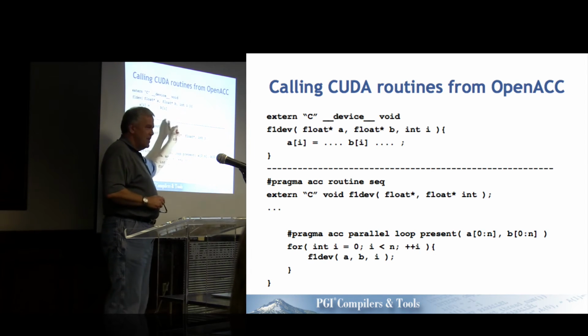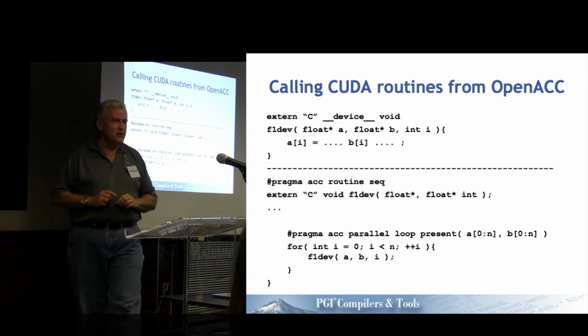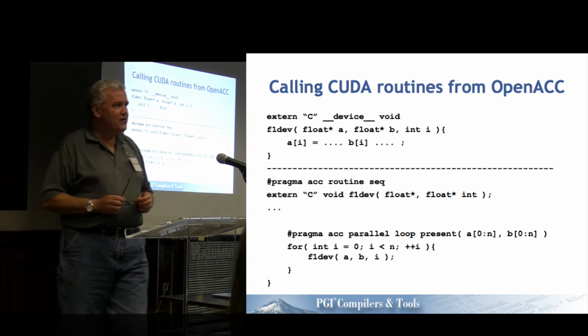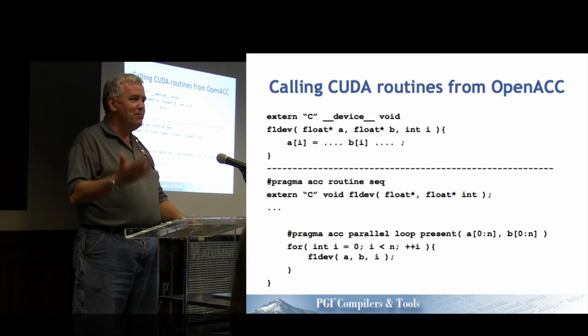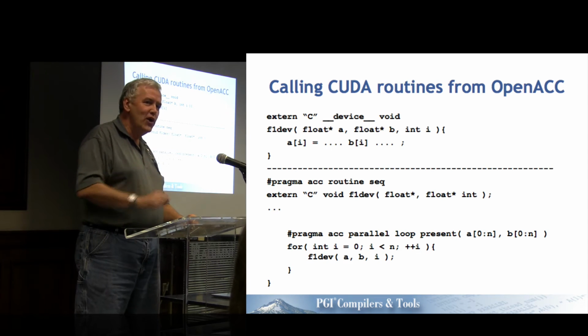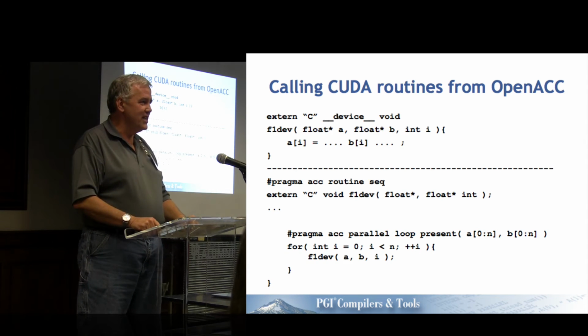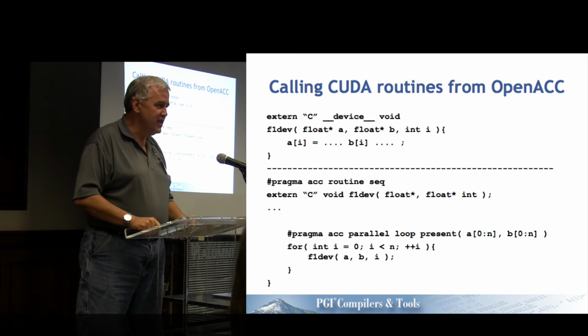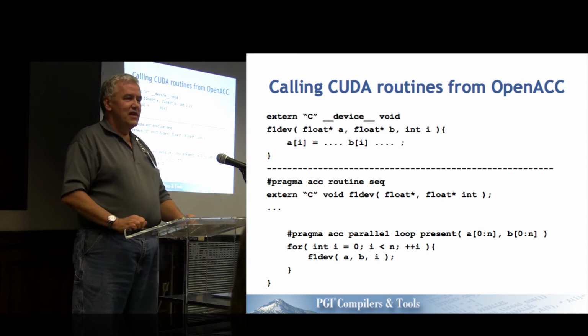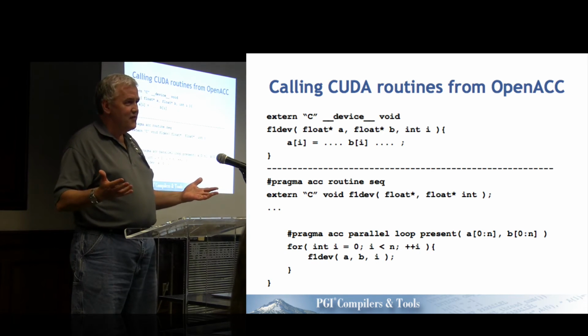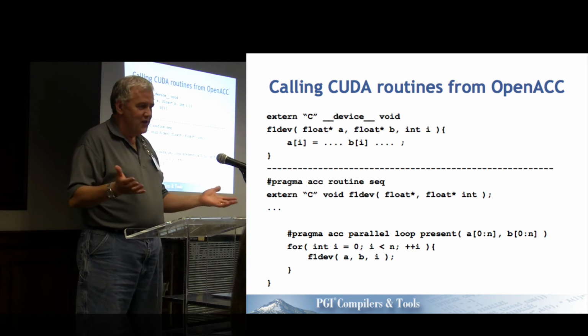And then there's this SEQ. SEQ is for sequential. That's the parallelism clause, and that's to tell the compiler what parallelism is being exploited inside that routine. The normal case is the routine has no parallelism.